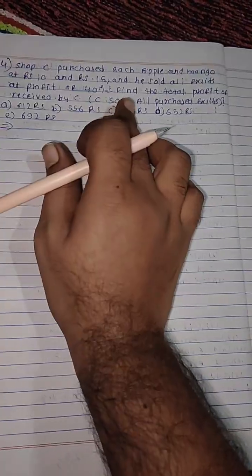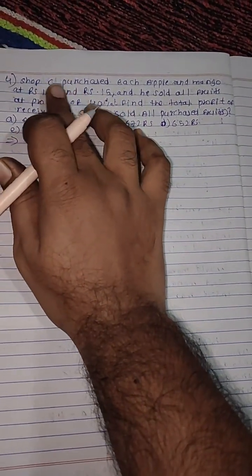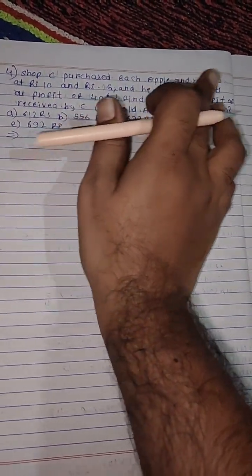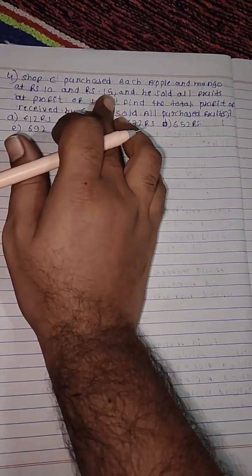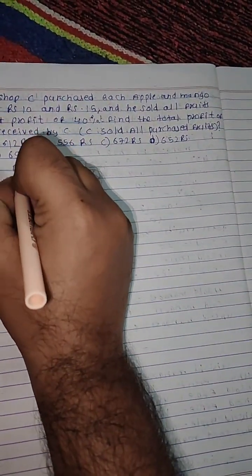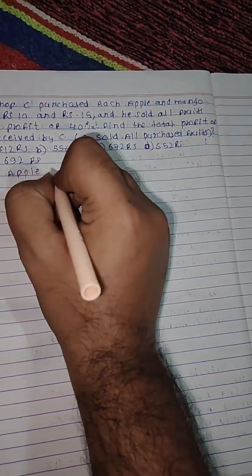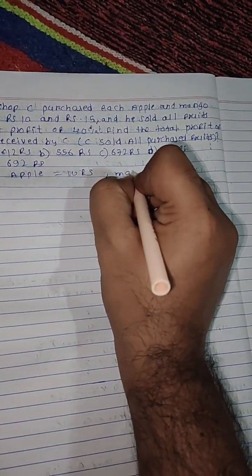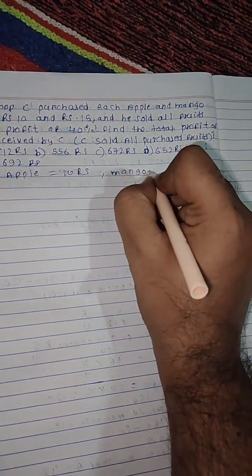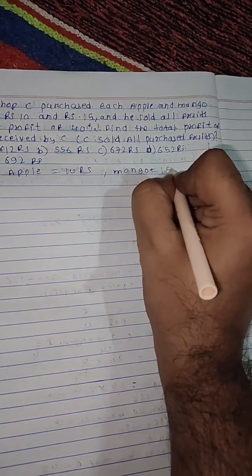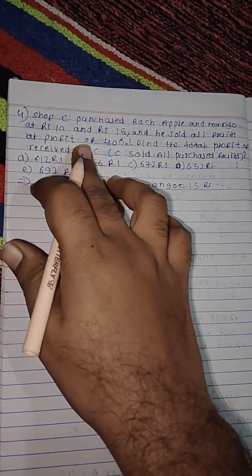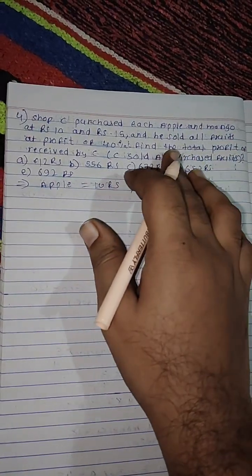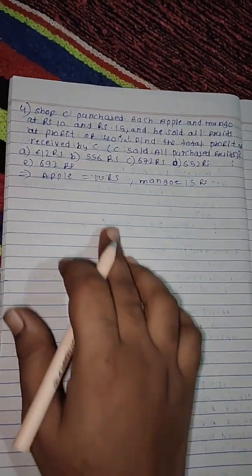Find the total profit received by C. So in the question they have given that shop C purchased apple at 10 rupees per apple and mango at 15, and he sold at a profit of 40%. We need to find the total profit.